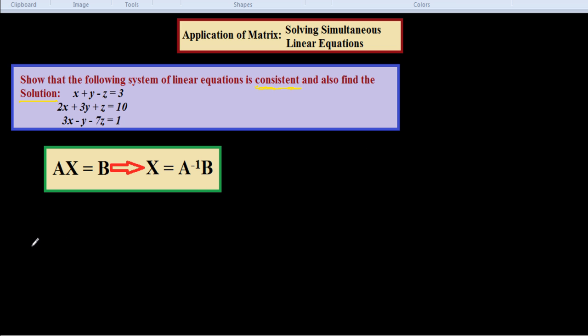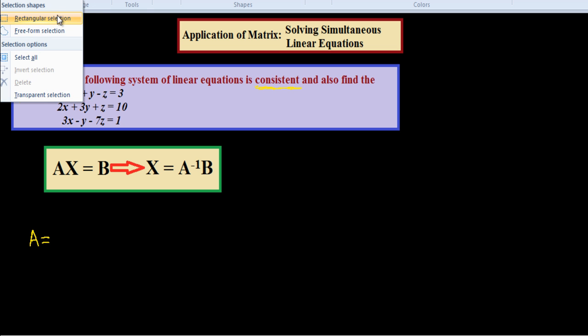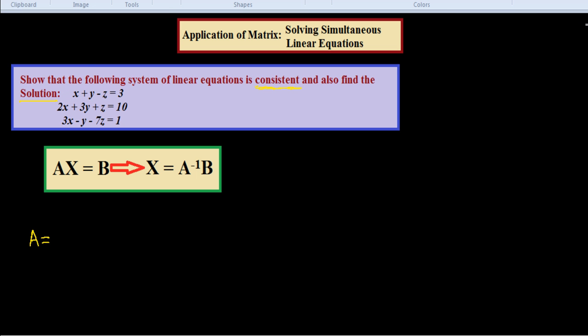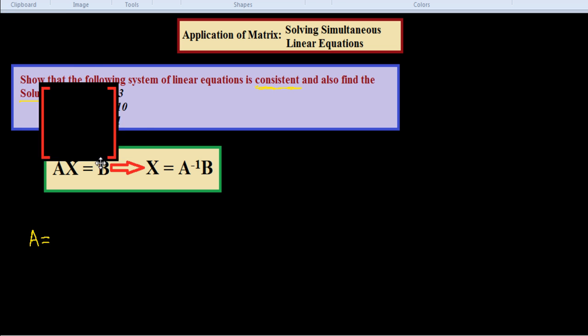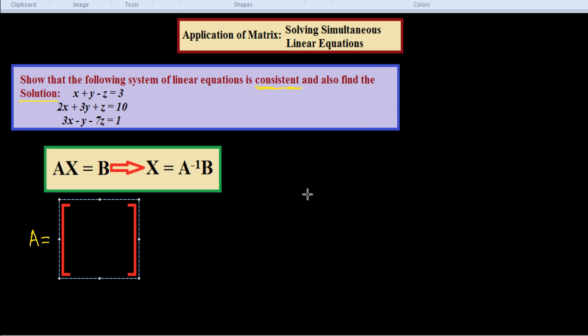So we get a matrix A here. Matrix A is made of the coefficients of all the variables, which we have to put down in this matrix A. There are three equations we have.